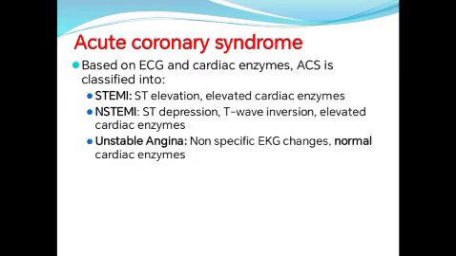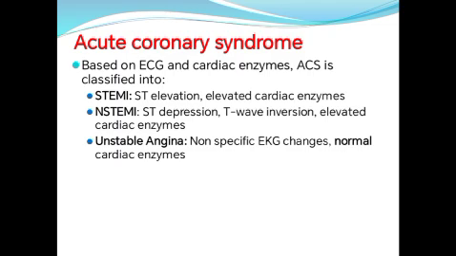So what is acute coronary syndrome, and how do we classify it? This is based on ECG plus cardiac enzymes. We can classify acute coronary syndrome into three main categories. ECG is the cornerstone in the diagnosis of acute coronary syndrome.